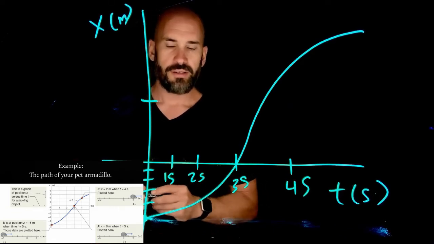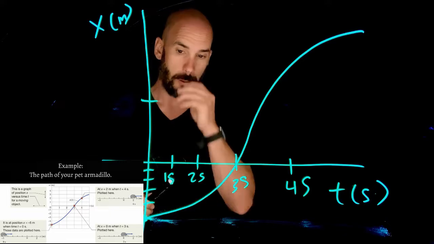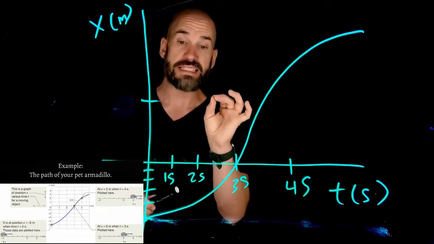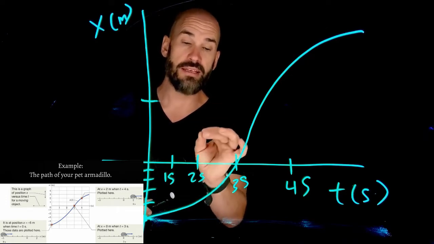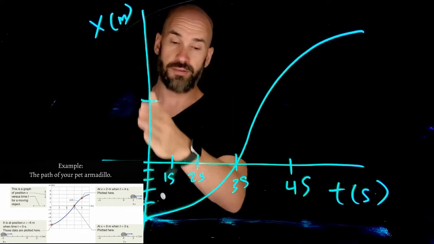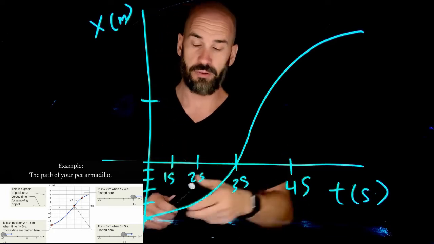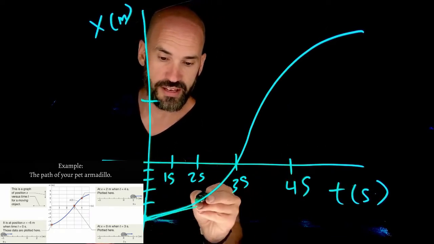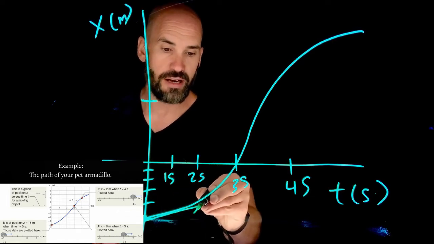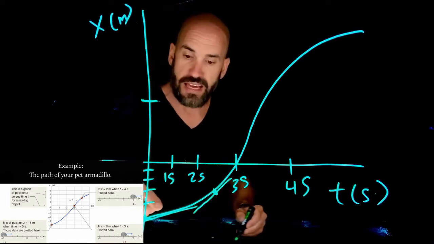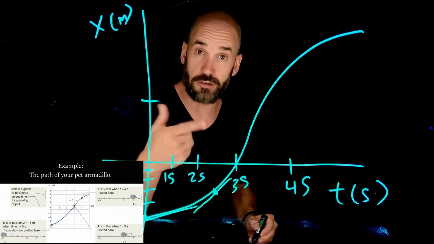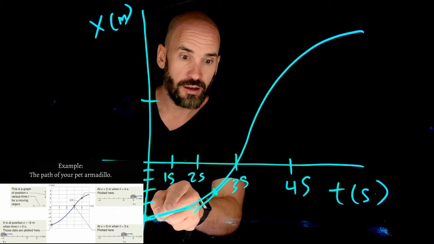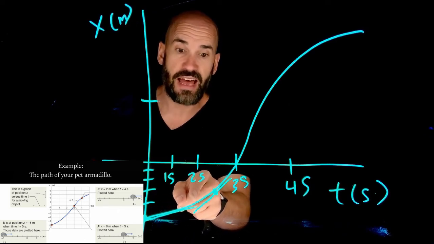One thing that you guys are going to learn is that the velocity of an object's motion is simply the slope at any given point on a position versus time graph. So the slope of this at any given point is going to be the velocity. The fact that he's got a slope means he's got a velocity or a speed, and he's actually moving. Over time, he's moving in the positive x direction.